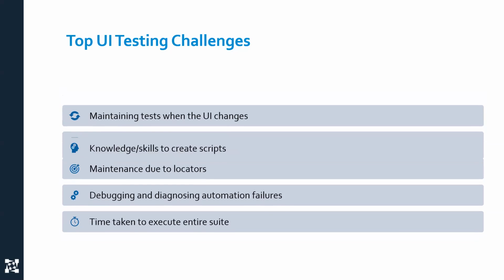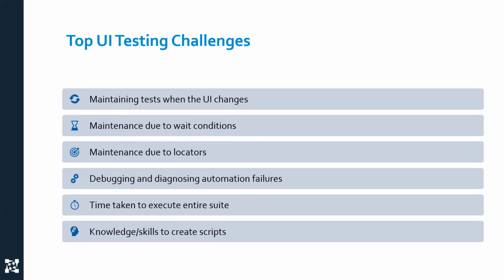Because what we find is, as you've got going and you've built your initial skills, other things propagate to the top of the list. And these are mostly orientated around maintenance. Maintenance of your testing script when the UI changes, maintenance of your testing script because your application is dynamic. It's either dynamic with element locators, how you identify the element on the page, or more importantly, wait conditions.